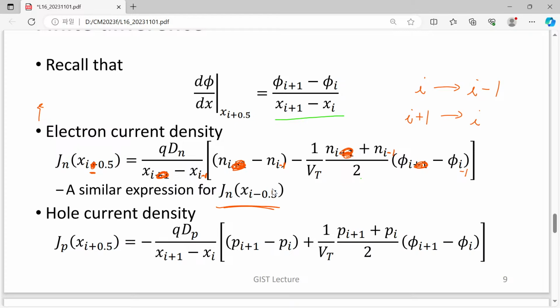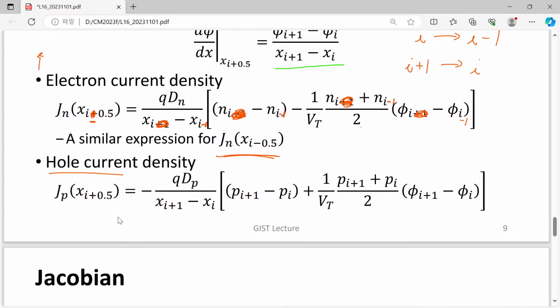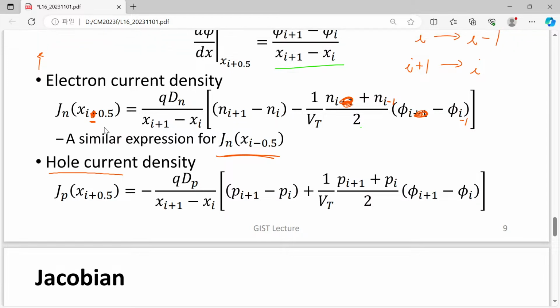This is not that difficult, and more careful treatment is required when you consider hole current density. The hole continuity equation actually has the same form, so that's not that difficult. But when you evaluate the hole current density, you should be a little bit careful, because what is the difference between the electron form and the hole form? So now you can understand we have a sign difference.